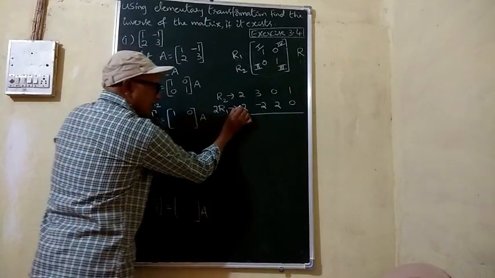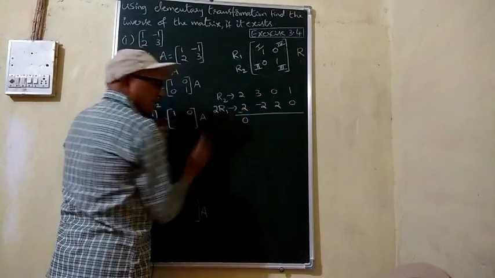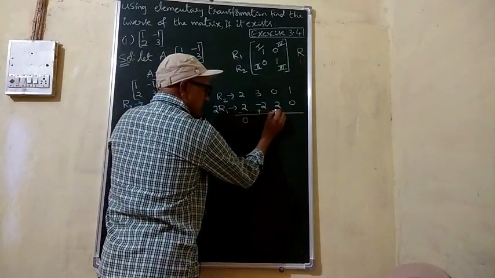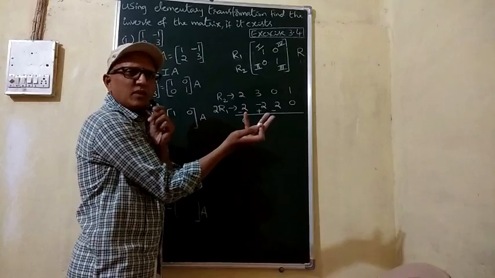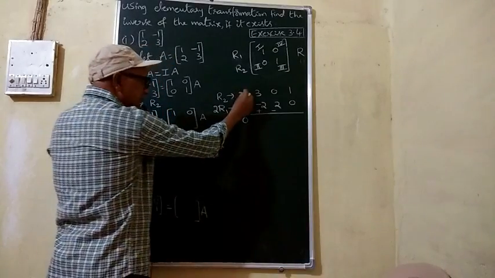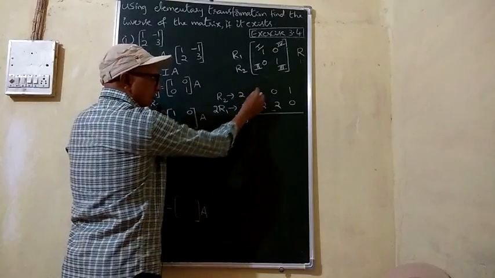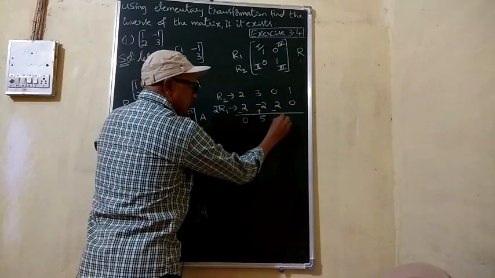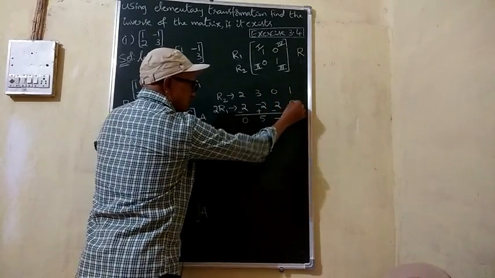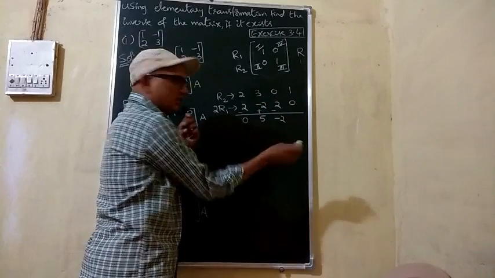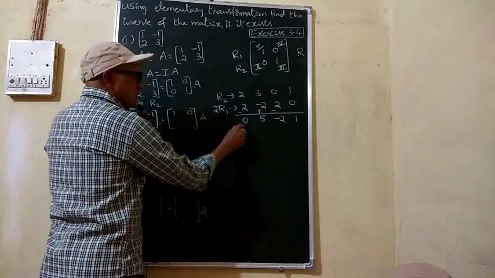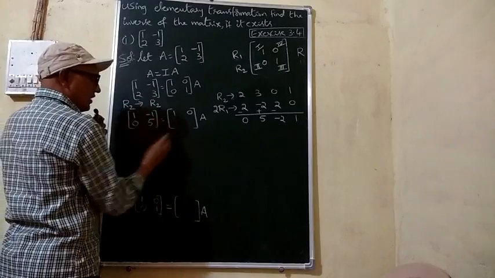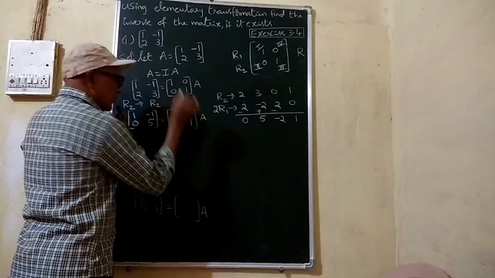Plus becomes minus, minus becomes plus. 2 minus 2 is 0, 3 plus 2 is 5, 0 minus 2 is minus 2, 1 minus 0 is 1. So 0, 5, minus 2, 1.